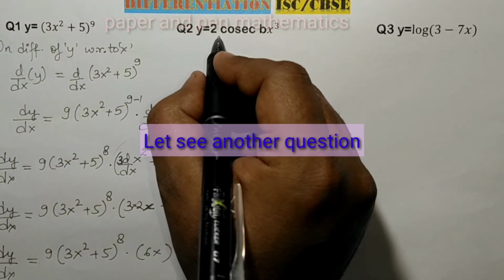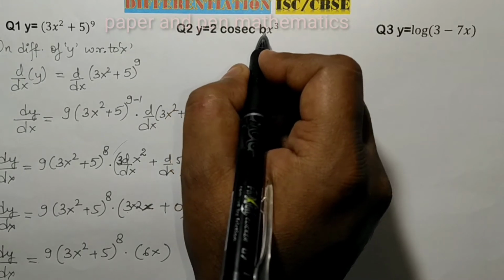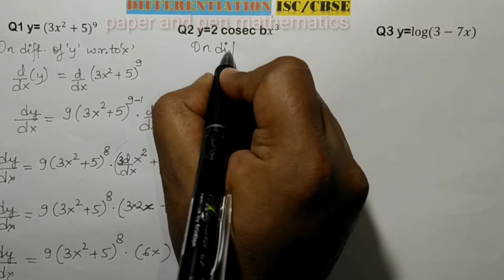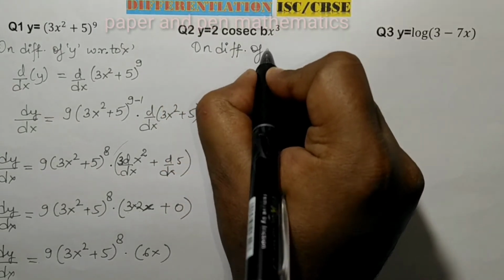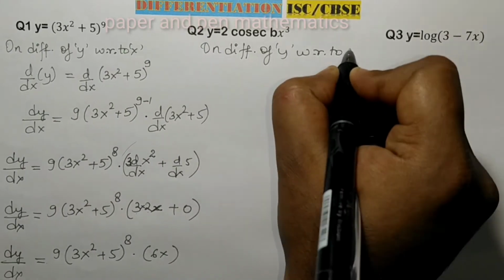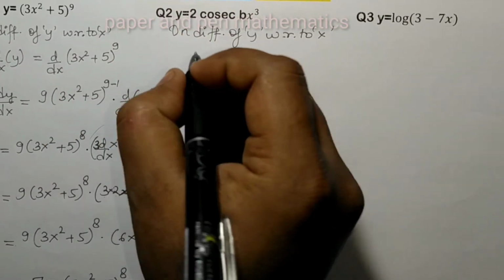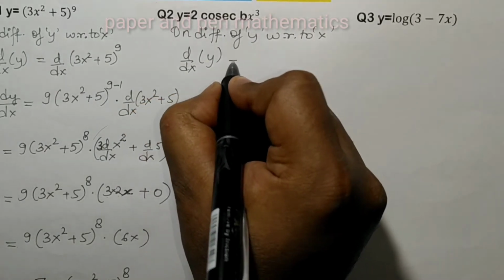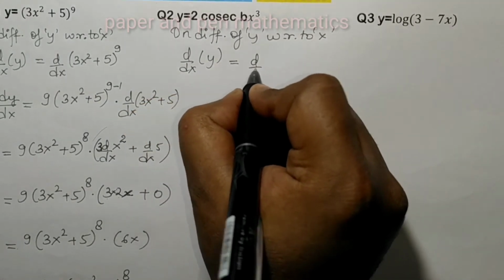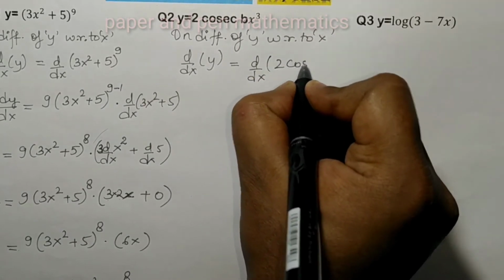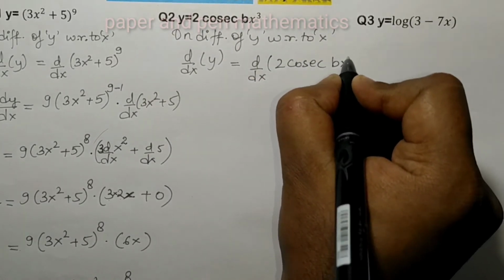Y is equal to 2 cosec bx cube. Now on differentiation of y with respect to x, same line. So d by dx of y is equal to d by dx of 2 cosec bx cube.